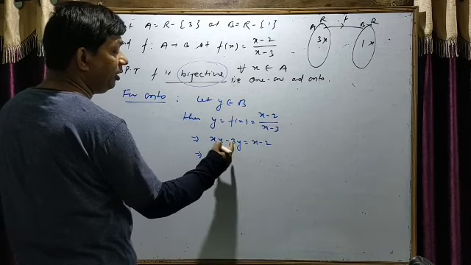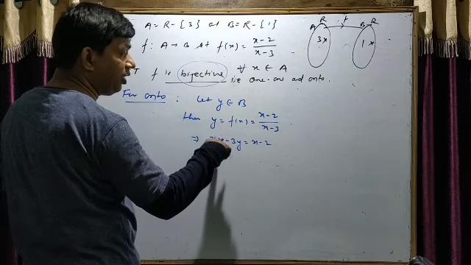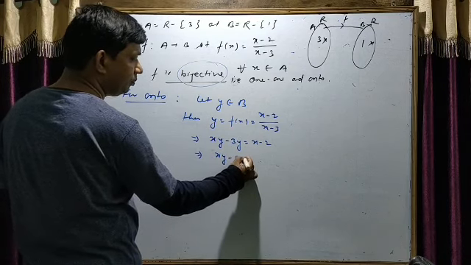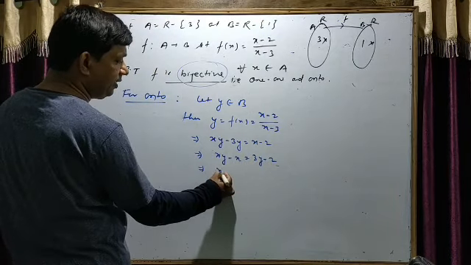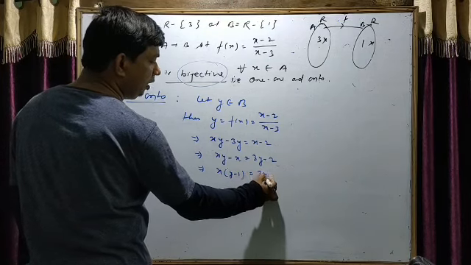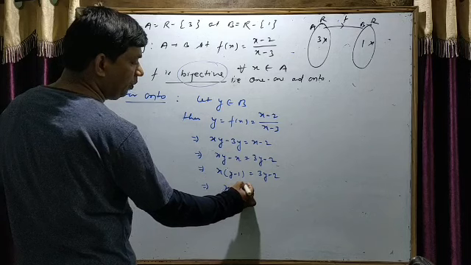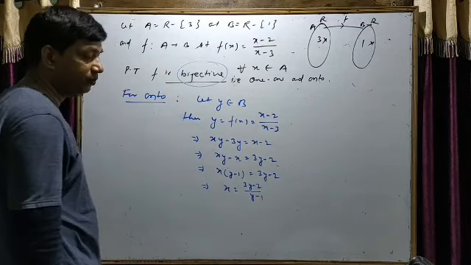Now bring this x over: xy minus x equal to 3y minus 2. So this implies x(y minus 1) equal to 3y minus 2. So x equal to (3y minus 2) by (y minus 1).